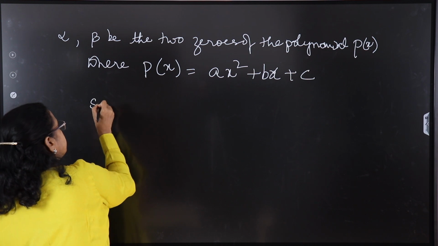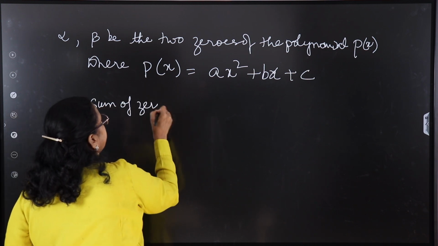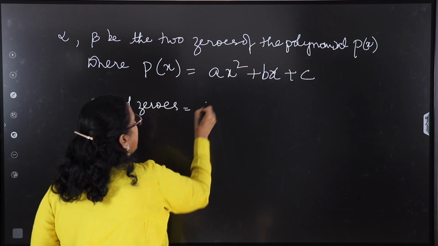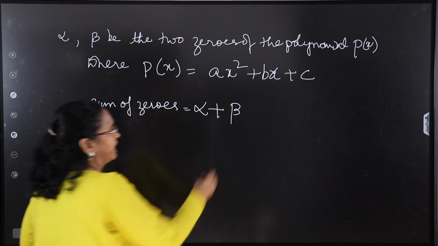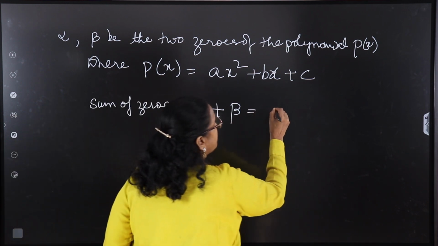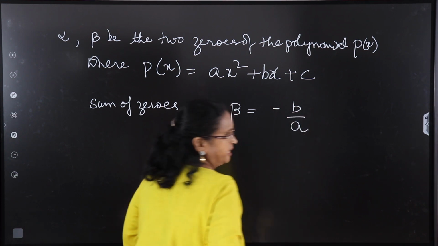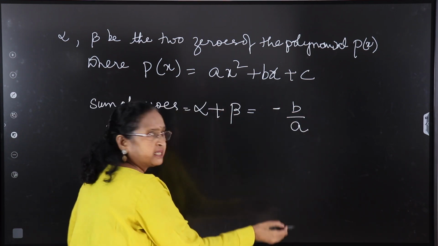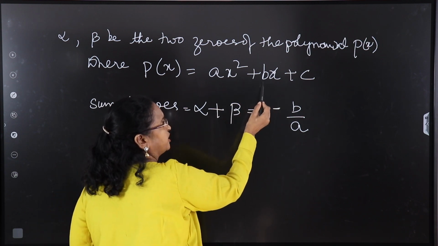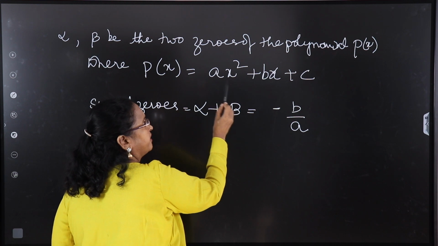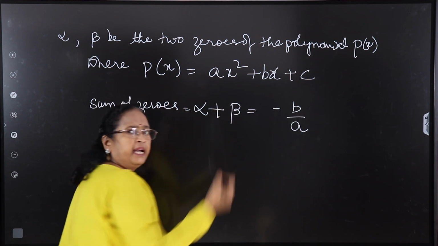So the sum of zeros is written as alpha plus beta. All right. That is equal to minus b by a. Because we had just now written it is minus coefficient of x by coefficient of x square, that is minus b by a.